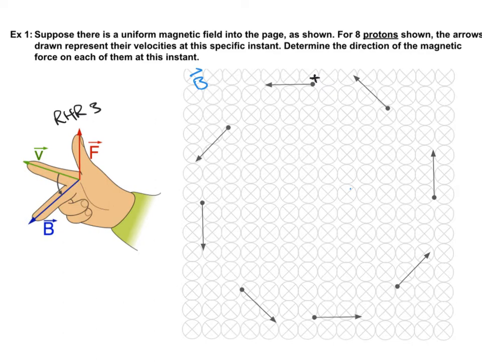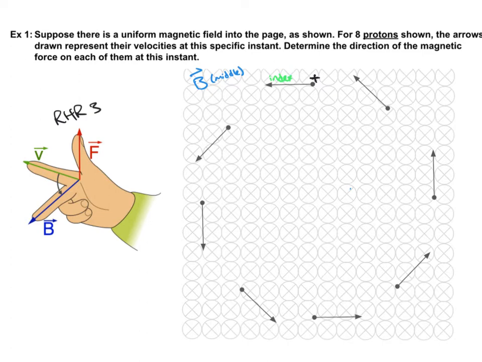I'm going to start with the proton at the very top. It's got a velocity going directly to the left, so that's where my index finger needs to point. Everything here is in a magnetic field into the page, and that's where my middle finger has to point. I'll put my pencil down because I'm right-handed.